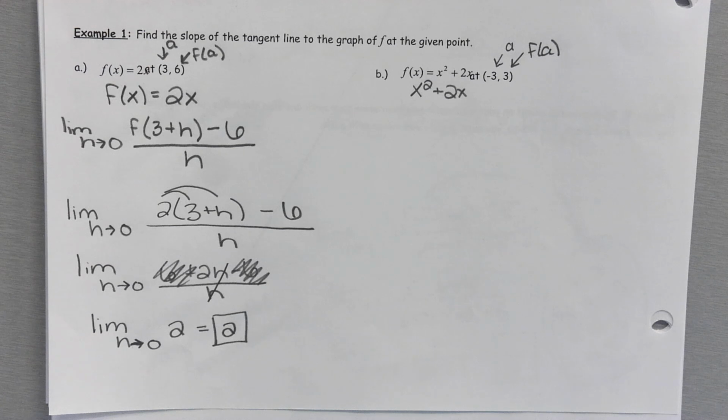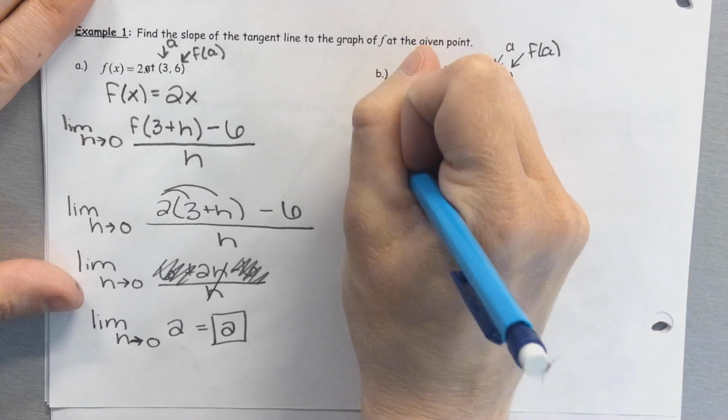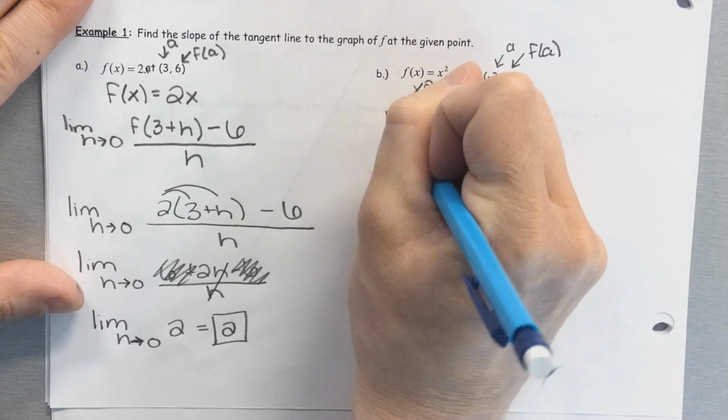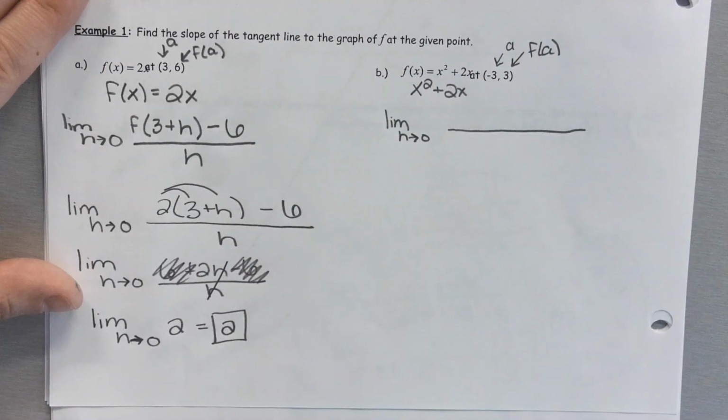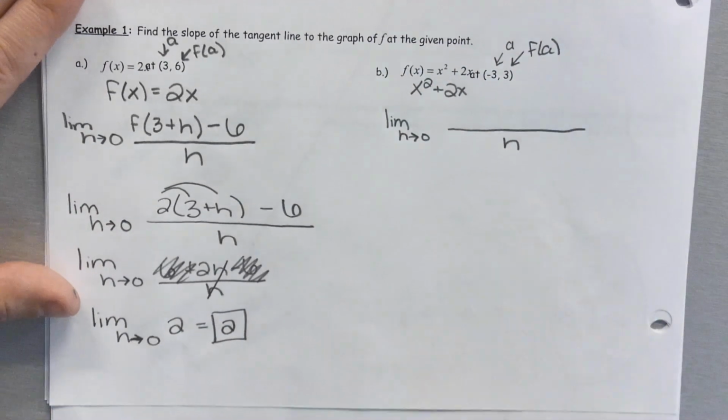So I'm going to plug into that formula because that formula is the same as my slope formula. And again, we're thinking about 2 points edging in until the distance between them is 0. So that's why we have the limit as h approaches 0, because we want the distance between our 2 points to be 0. So your denominator is always going to be h.